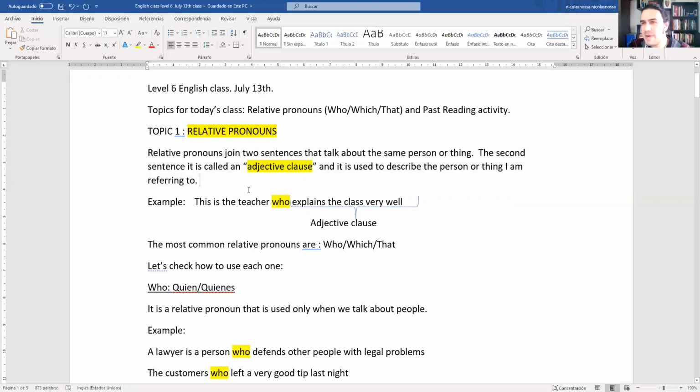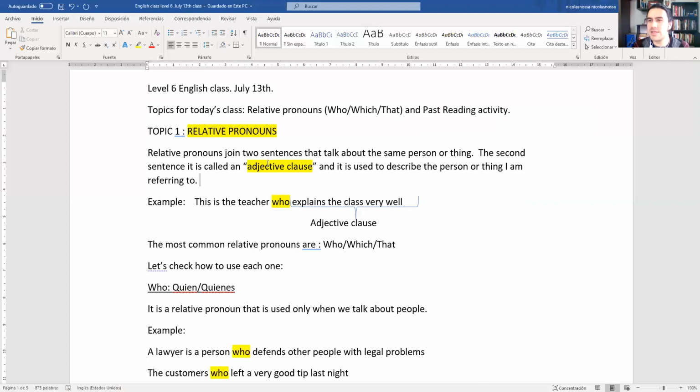So basically, a relative pronoun is a connector between one sentence and another sentence. The second sentence is going to be a descriptive sentence, describing the previous sentence.